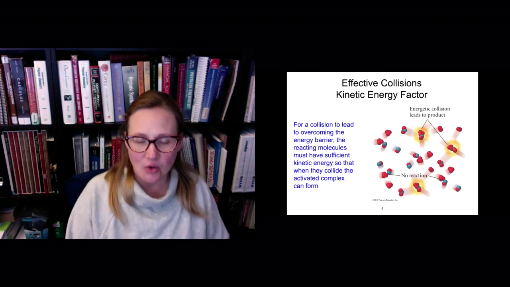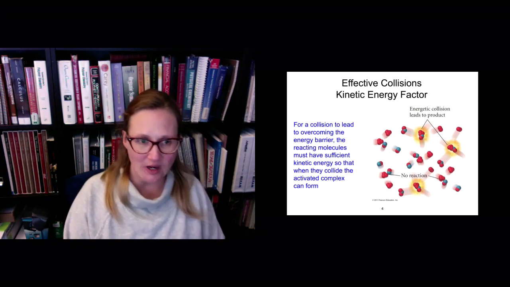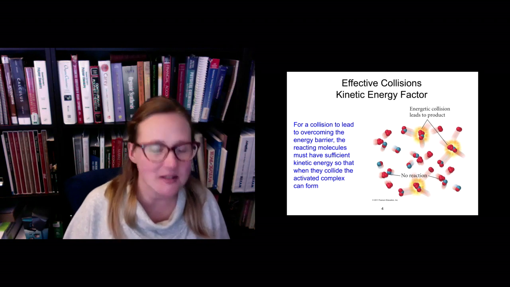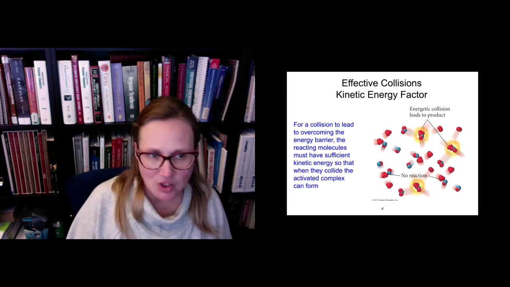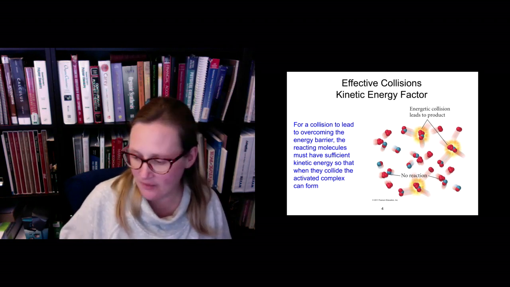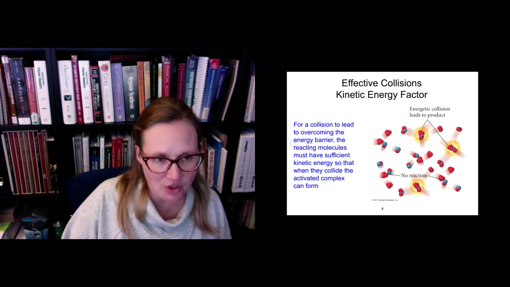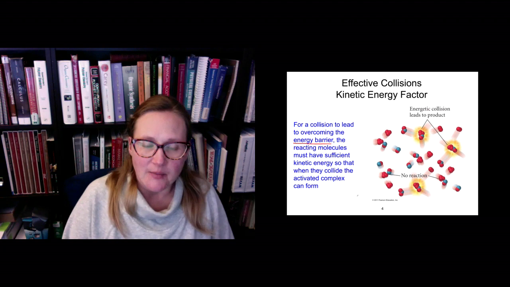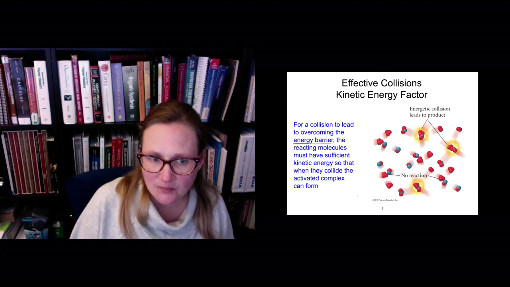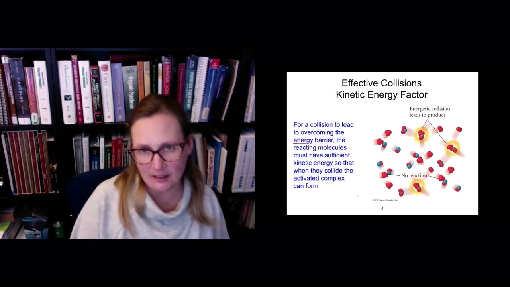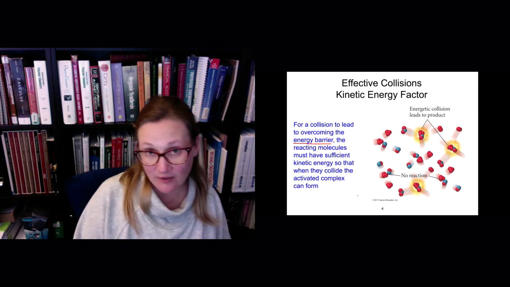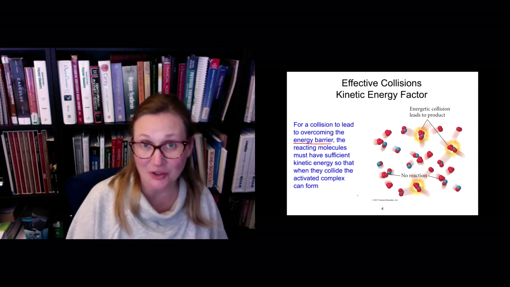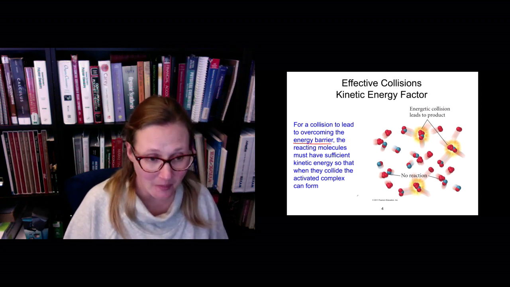Here we have all our molecules floating around, and there are lots of collisions happening. For a collision to overcome the energy barrier, remember that energy barrier is our activation energy, they must have sufficient kinetic energy. How do we provide kinetic energy? We could provide it by temperature. We learned that with the Arrhenius equation.